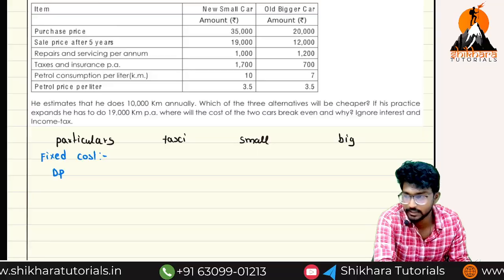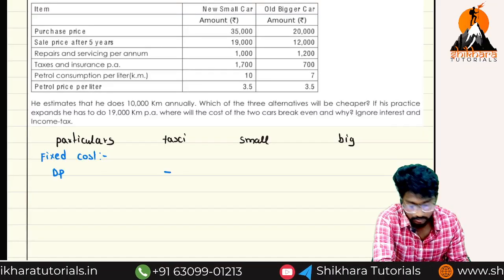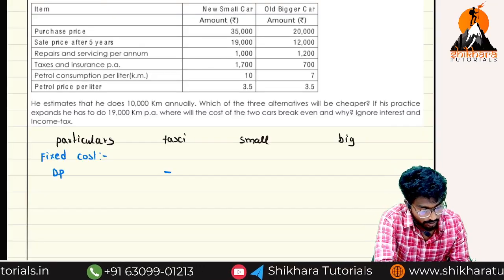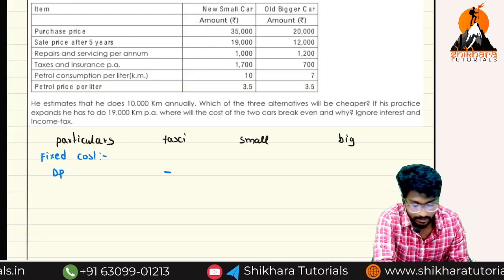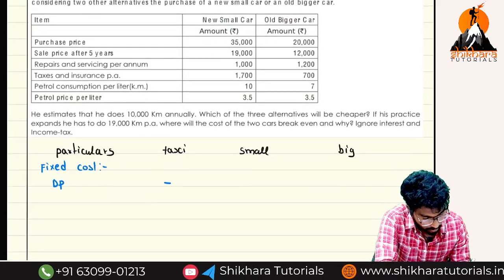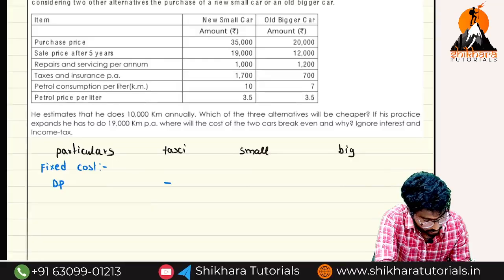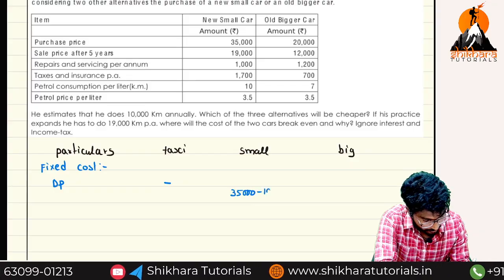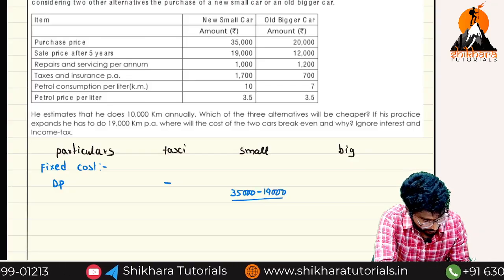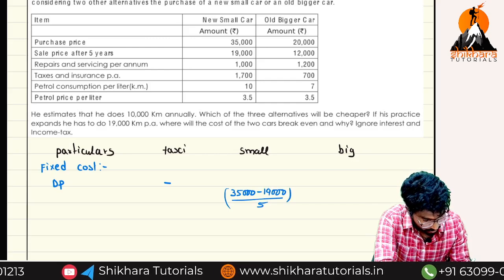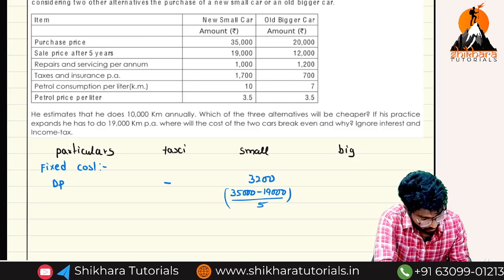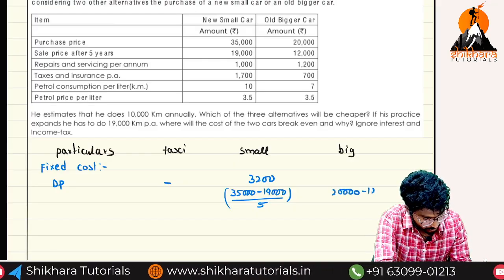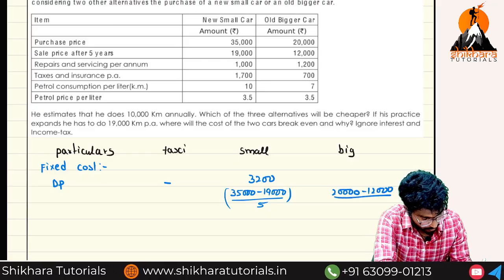Is there any depreciation in taxi? No. You have to just pay the fare per kilometer. For the small car, it is how much? We already calculated, that is 35,000 minus 19,000 divided by 5, 3,200. Here, 20,000 minus 12,000 divided by 5.